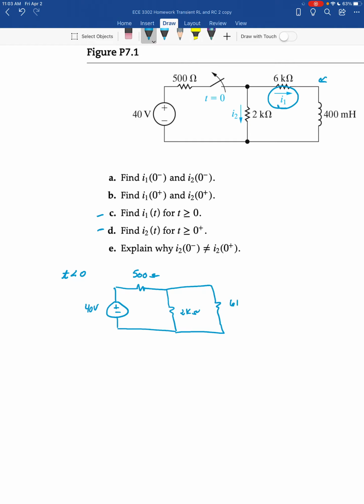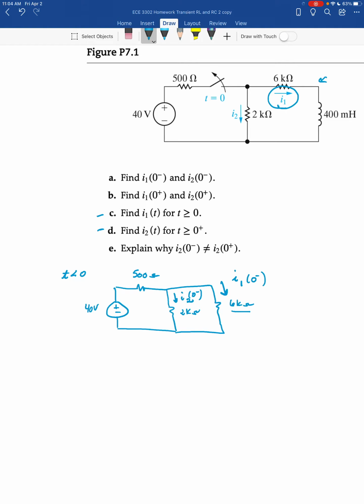And so all we have in this branch here is a 6K resistor. But remember, it's this branch with I1 that actually contains the inductor. And so what we really want to solve for, and remember this is at 0 minus, immediately before the switch moves, is the current in the 6 kilo ohm resistor.